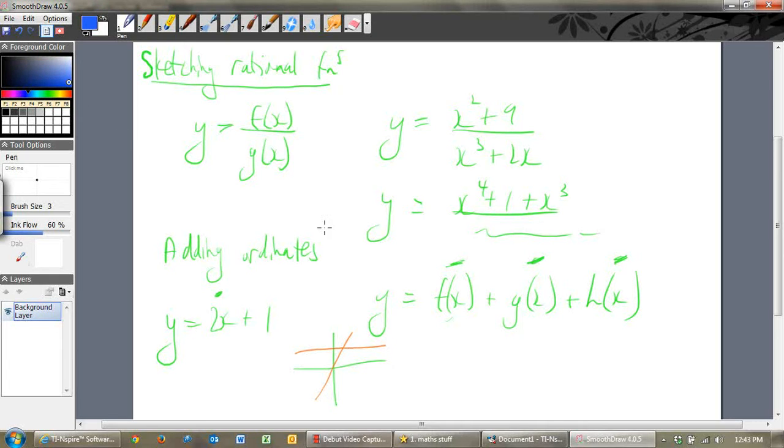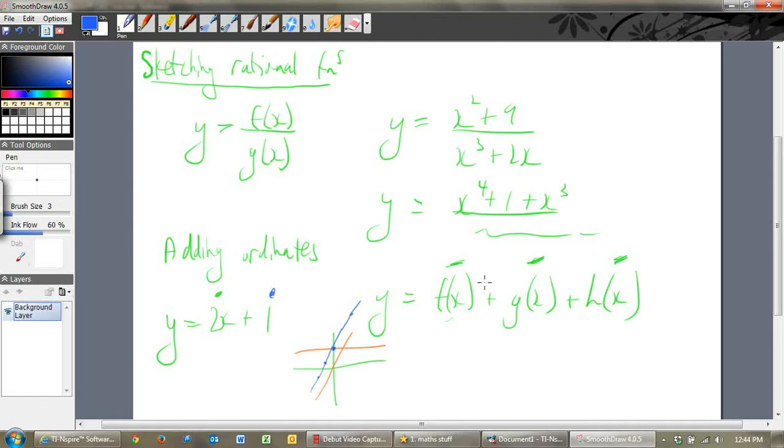Here y is equal to 0, here y is equal to 1, so if you add them together you get 1. There you get a negative value, and if you add 1 you get that value there. At each place you add those together, and you get the graph y equals 2x plus 1. We're just adding the two graphs together at each point. So that plus that equals that.